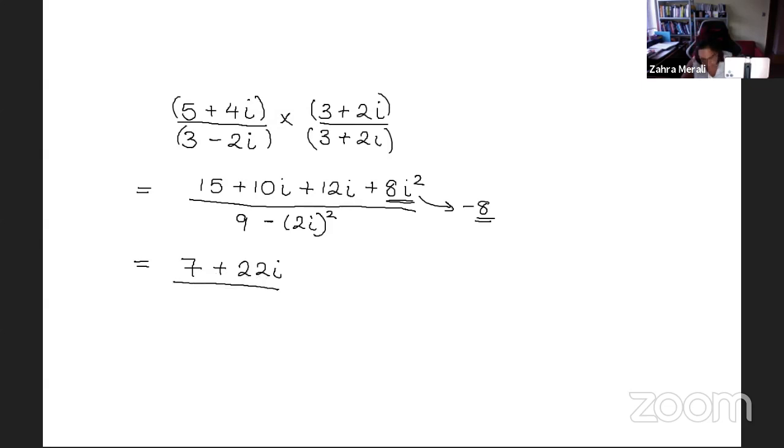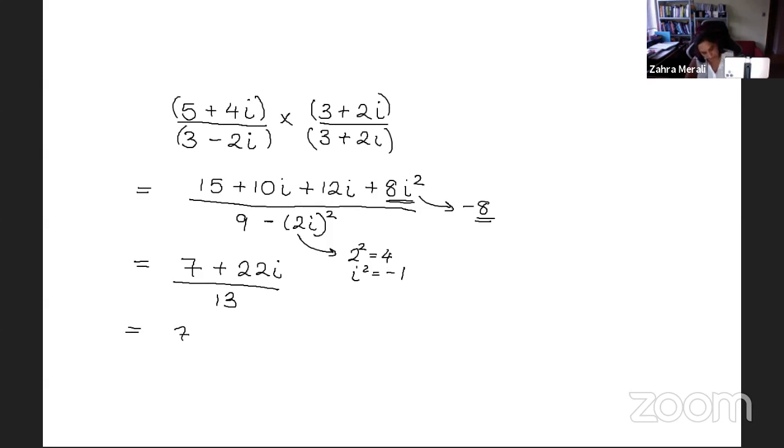And on the bottom, we've got 2 squared, which is 4, times i squared, which is minus 1. So all of this is minus 4. 9 minus minus 4 gives you, minus to make a plus, so 9 plus 4 is 13.